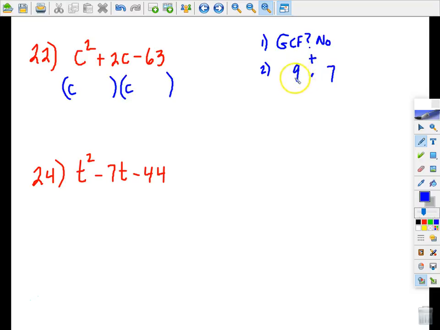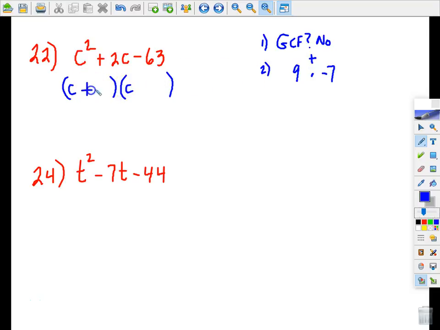In order for these two added together, first of all, I need to make negative 63, and now I'm trying to come up with which one of these is negative. One of them has to be. Well, to make it become positive 2 when adding, then that means the 9 has to be positive. It's bigger. 9 plus negative 7 is positive 2. Okay, so that helps with the way the factoring looks.